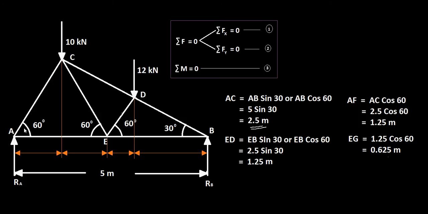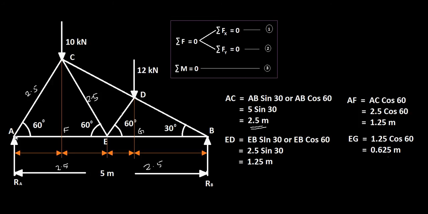So your distance AC is 2.5, and therefore CE will be 2.5 and also AE will be 2.5. So therefore EB also will be 2.5, because that is 5 minus AE, that will give you the distance EB. Now, let's call this F and let's call this G.